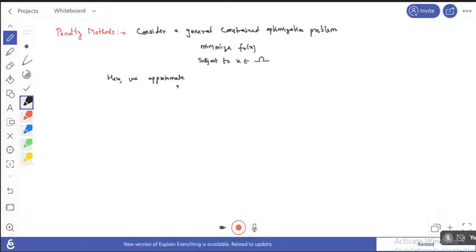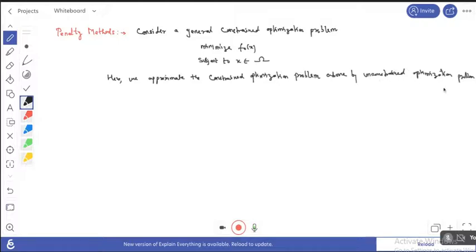So here we approximate the constrained optimization problem by an unconstrained optimization problem, and then you solve that problem using unconstrained optimization techniques. You already know that there are several techniques to find the minimization of an unconstrained optimization problem.